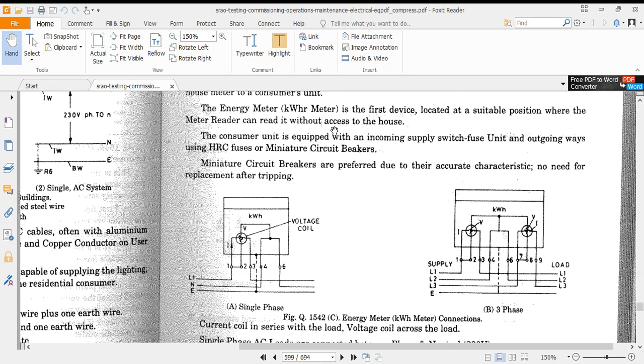That is only so that the meter reader can read without access to the house. Without entering the house, he can read the meter consumption so that he can issue the bill. Most of the time, houses used to be locked and the meter reader was unable to issue the bills. That was the reason why meters were taken out of the house.